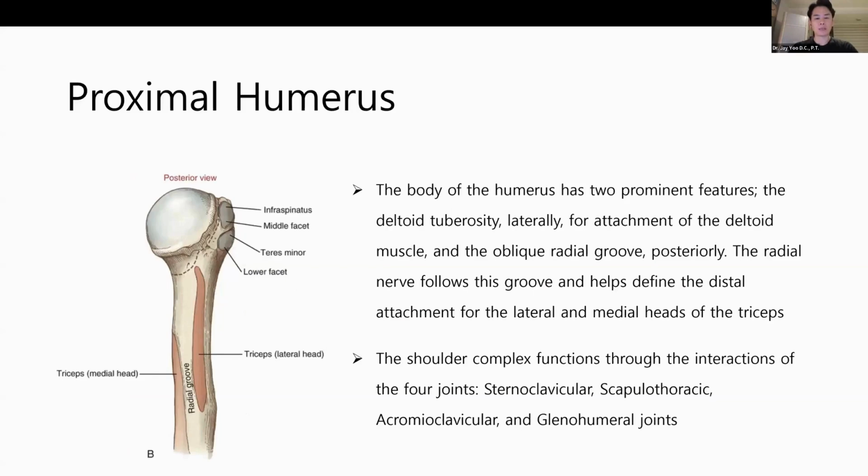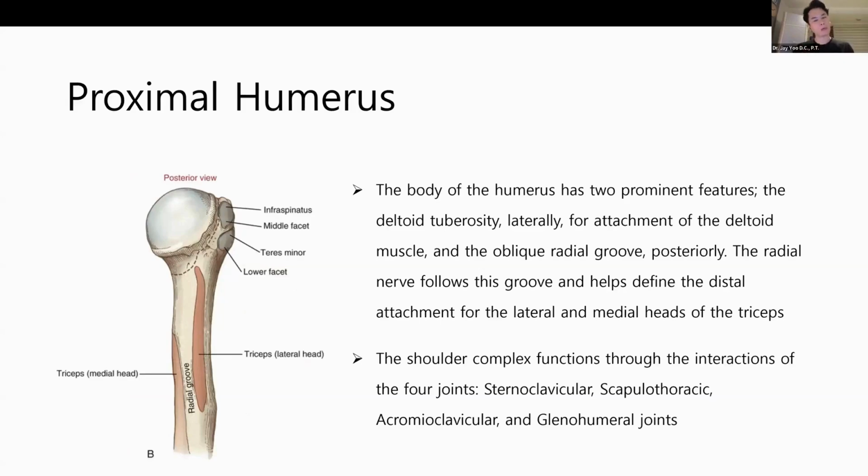The shoulder complex functions through the interaction of four joints: the sternoclavicular, the scapulothoracic, the acromioclavicular, and the GH, glenohumeral joint. When you move the shoulder, these four joints should do their function properly, especially the sternoclavicular joint, because the movement of the arm starts in the sternoclavicular joint.